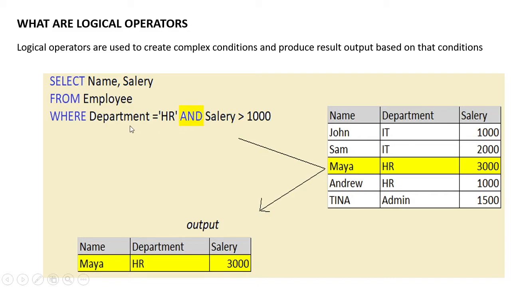This keyword validates only results where both conditions, department equals HR and salary greater than 1000, are satisfied. So only one row comes out: employee name Maya, department HR, and salary equal to 3000. This way logical operators are used in the WHERE clause to determine the value.